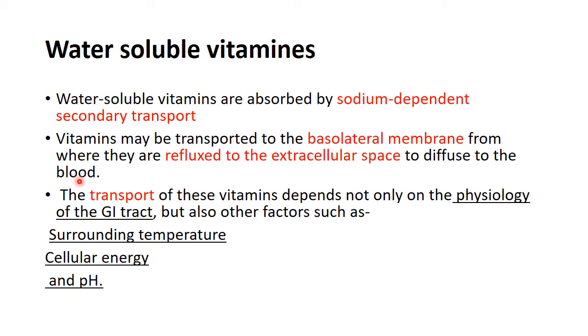So the absorption of these water-soluble vitamins depends not only on the physiology of the GIT, but also on surrounding temperature, cellular energy, and the pH. All these factors affect the transport of B12, or any water-soluble vitamin.